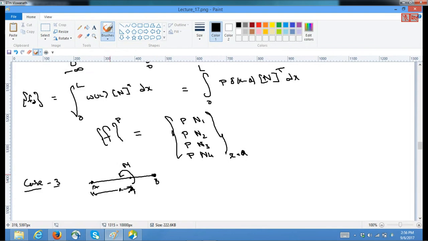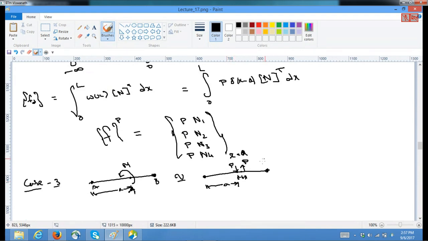For this, we will replace the moment with an equivalent: it is applied as two point loads of magnitude P at a distance of b from one another, such that the first load is at a distance of a.